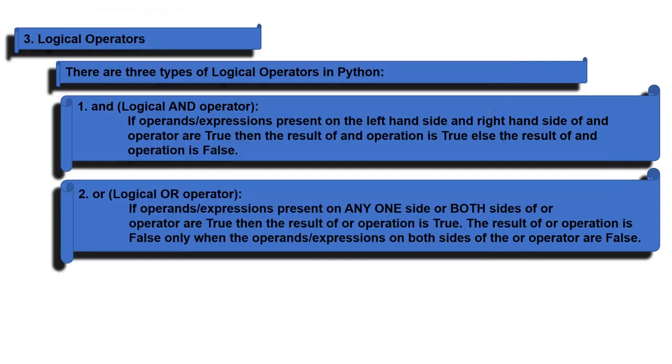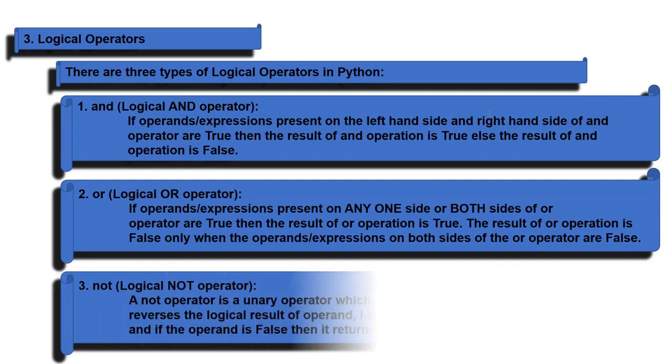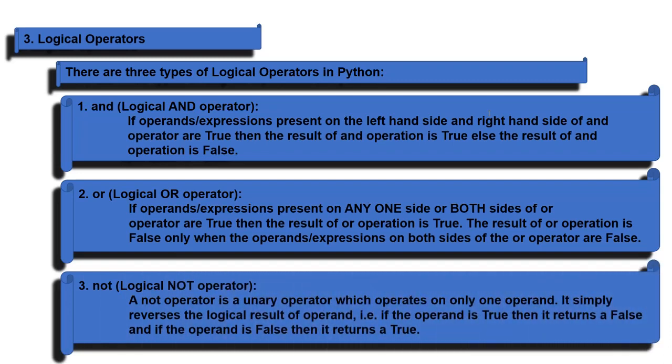Moving on to the next logical operator, that is the not logical operator. The not logical operator is a unary operator. Unary operator means it operates only on a single operand. So far all the operators that we have seen were operating upon two operands, but the not logical operator operates only on a single operand. It inverts true to false and false to true.